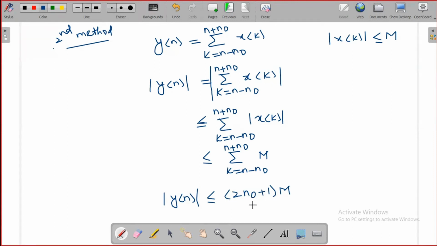This is finite, so the response is finite, which means the given system is stable. The response is bounded means the given system is stable. This is one method.